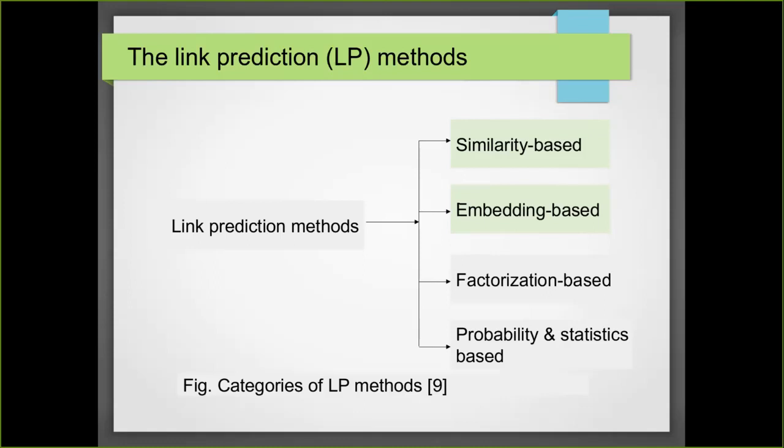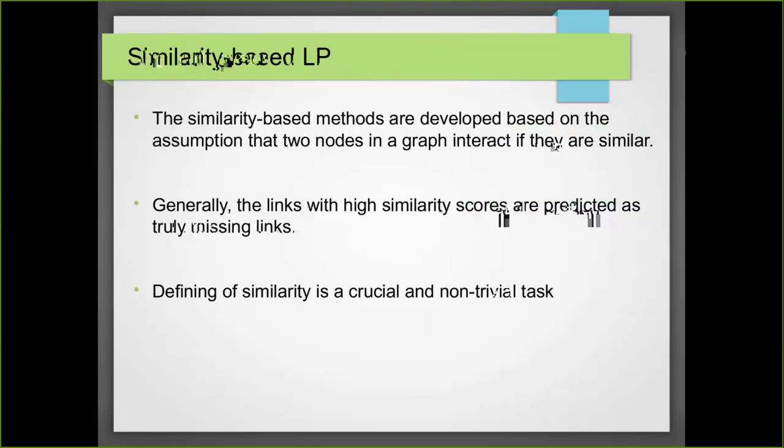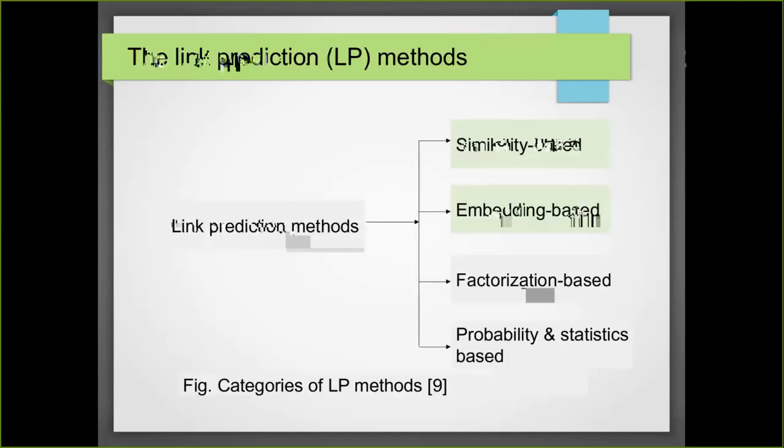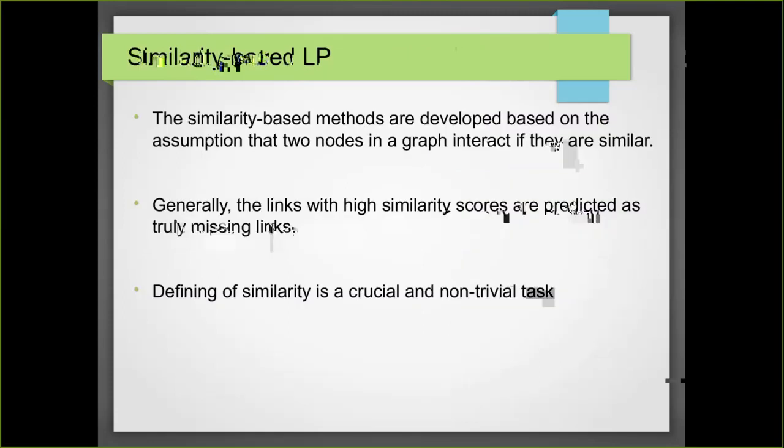Factorization-based methods use several matrix factorizations to predict the link between nodes. And probability and statistics-based methods use probabilistic theory and some statistical theory to predict the links between nodes. Actually, I will focus on similarity-based and embedding-based approaches only.